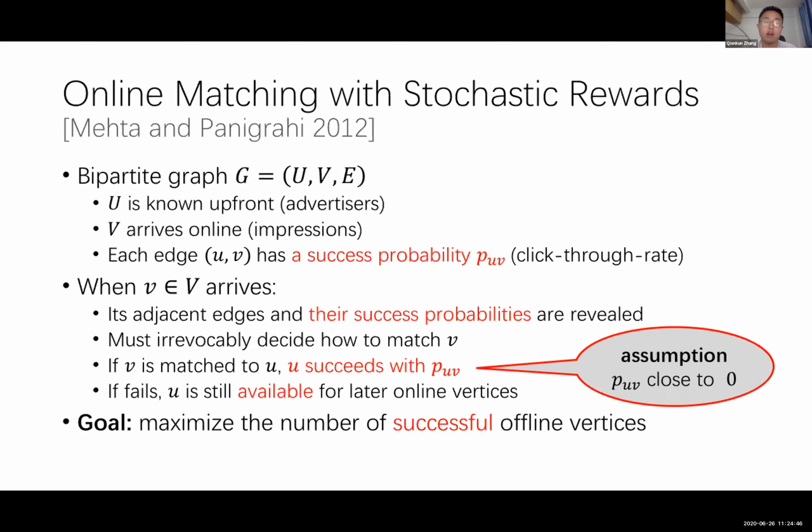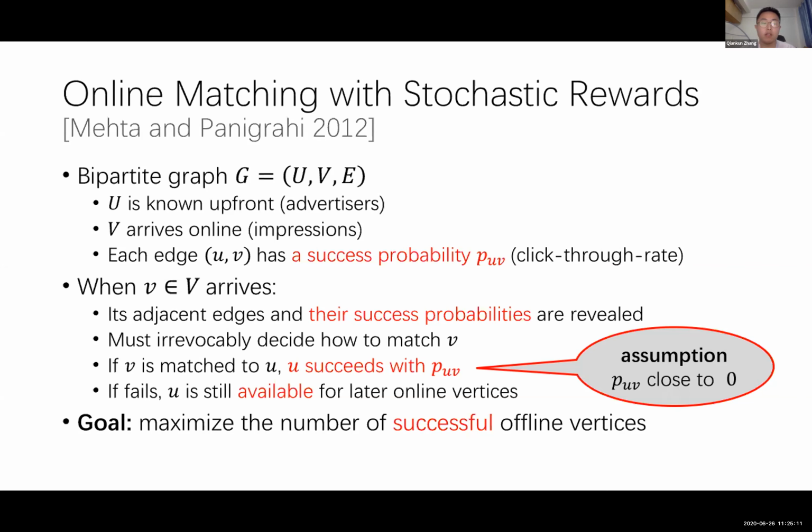When an online vertex V arrives, its adjacent edges and their success probabilities are revealed. Then we must match it to one of its neighbors irrevocably. If V is matched to U, U will succeed with probability PUV. If it fails, U is still available for later online vertices.